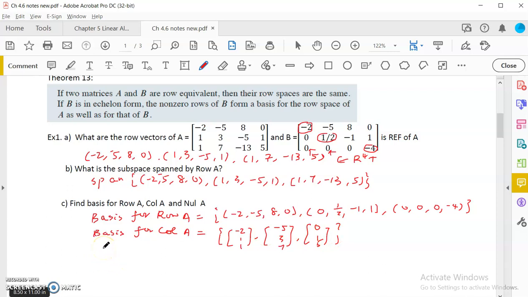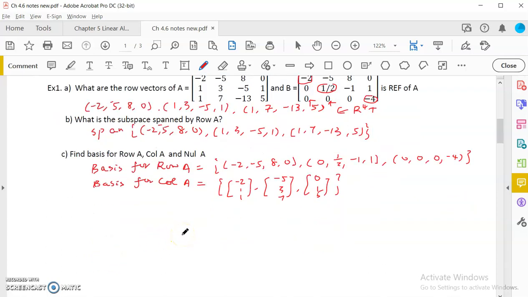What about null A? Null A needs more work. To find the basis for null A, you need to do RREF. So do the RREF of either A or B, it doesn't matter. B is faster because it's already that.